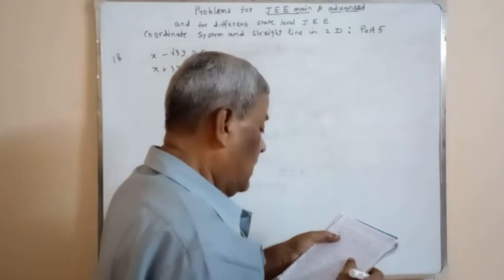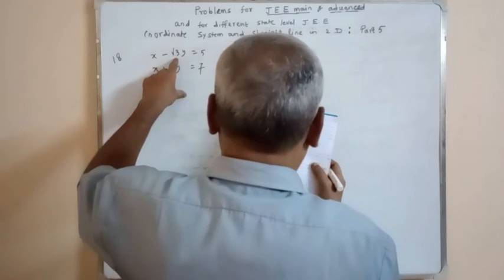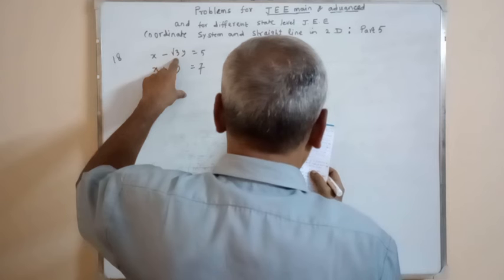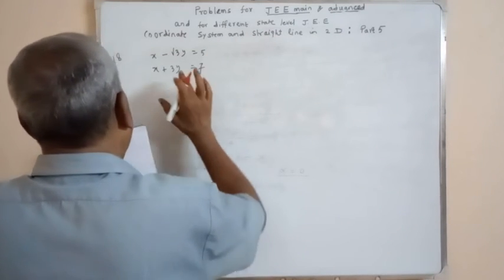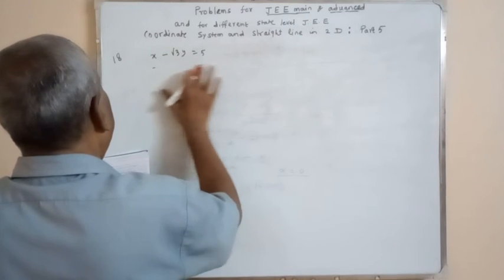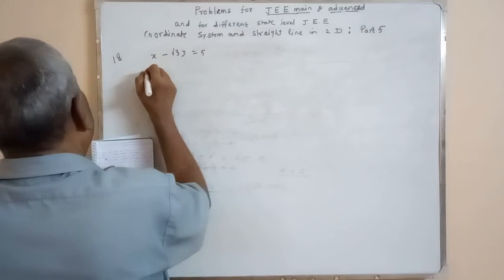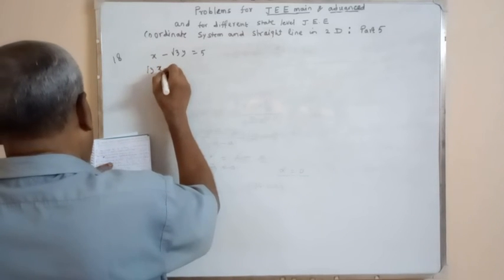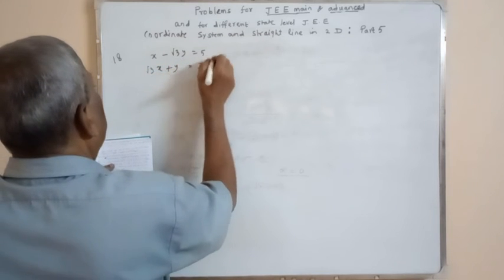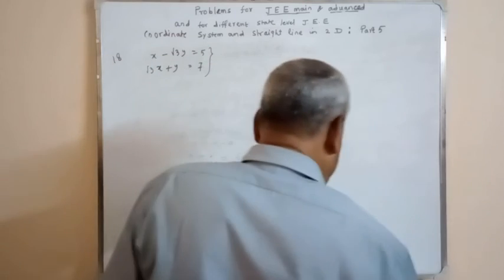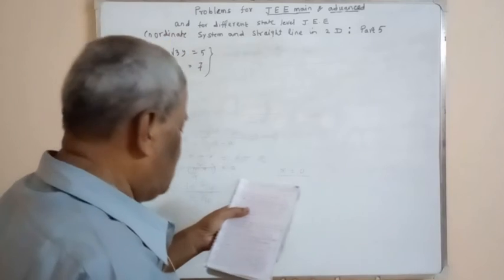The angle is how much? Oh, sorry, I have copied this one wrongly. It is, in fact, root 3x plus y is equal to 7. Angle between this straight line and that straight line is how much?